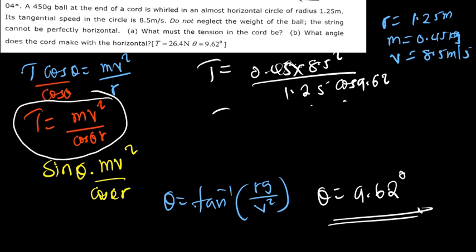So I'm going to say 0.45 times 8.5 squared divided by 1.23.